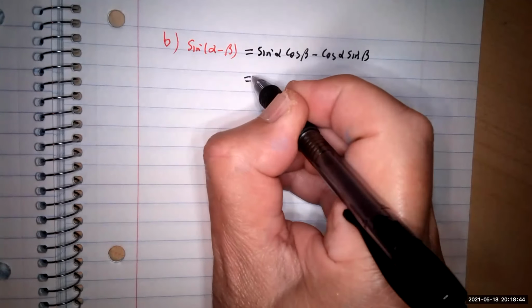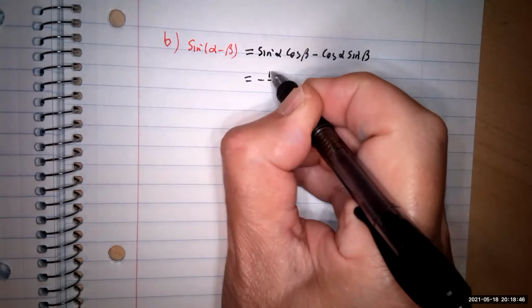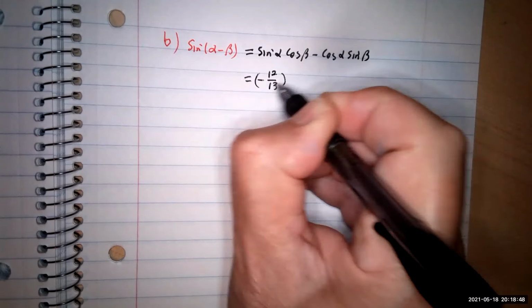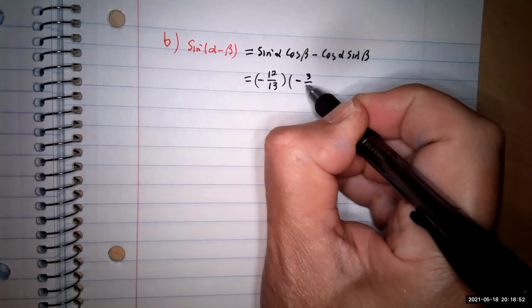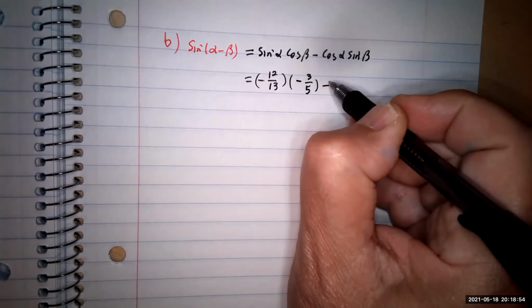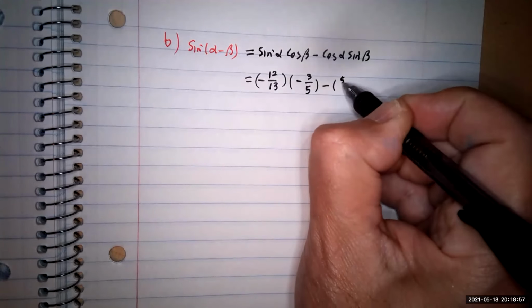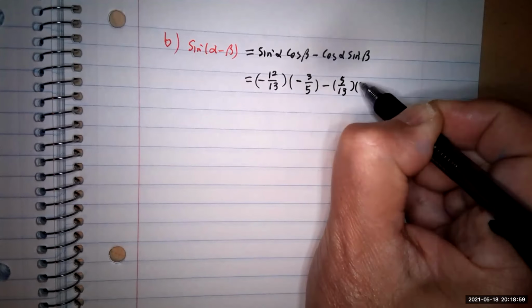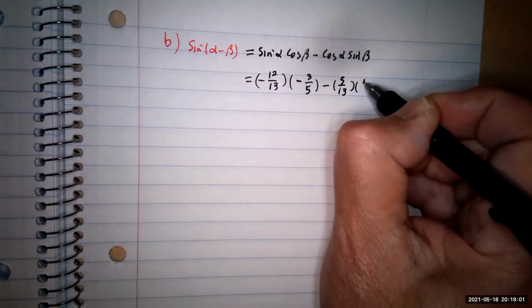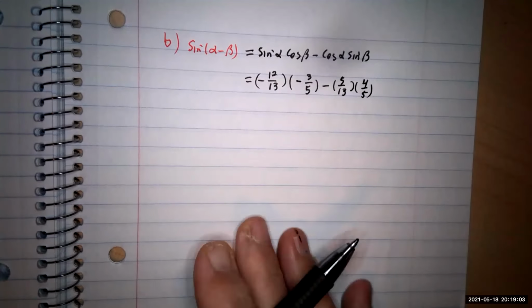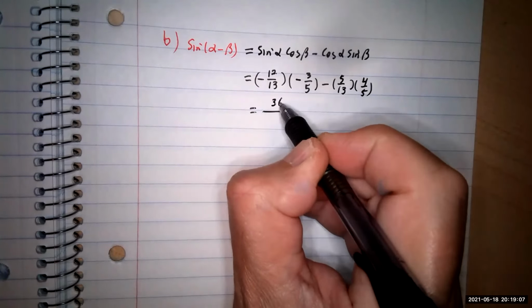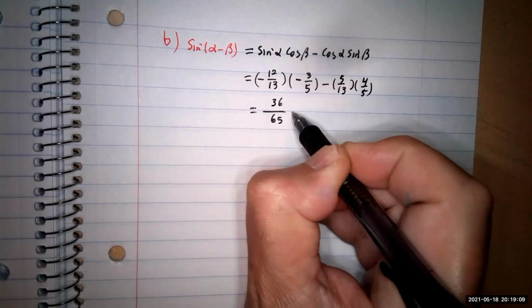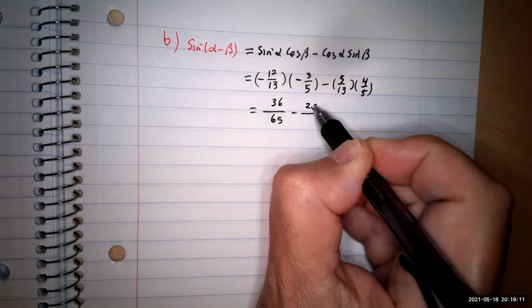We substitute. The sine of alpha is negative 12 over 13, cosine of beta is negative 3 over 5, minus cosine of alpha, which is 5 over 13, times the sine of beta, which is 4/5. So this is going to be 36 over 65 minus 20 over 65.